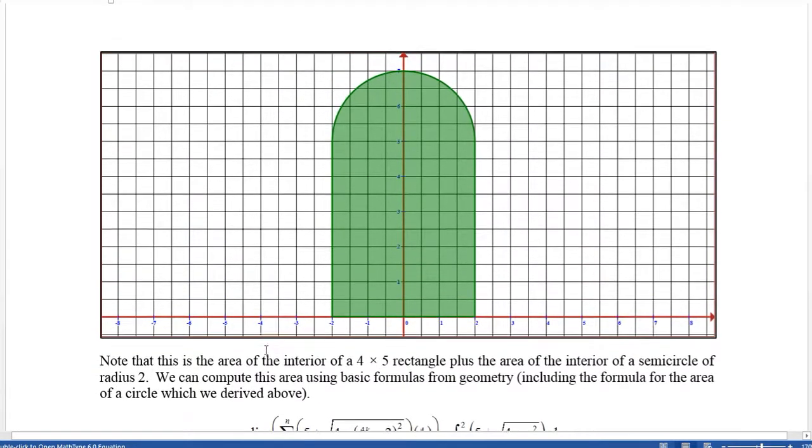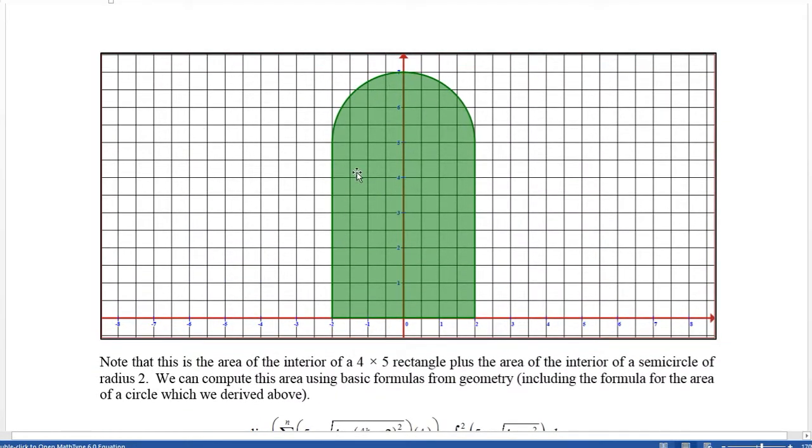And we get that. And if you look at this shape, kind of like a Norman window, what we get is we get the part down here, which is a rectangle, which is just 4 across and 5 tall. So it's a 4 by 5 rectangle, or a 5 by 4 rectangle, whichever way you call that. And then you got this area of a semicircle on top. Now in our previous video, we just derived the formula for an area of a circle, which you should already know is pi r squared.